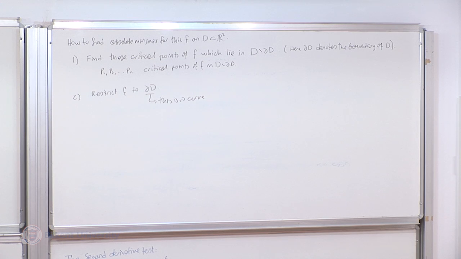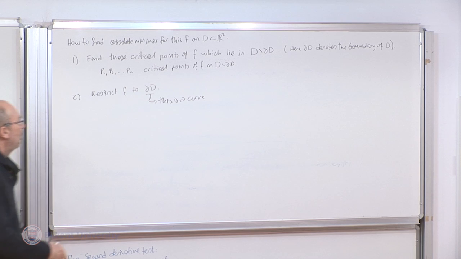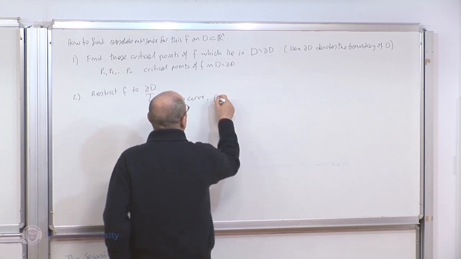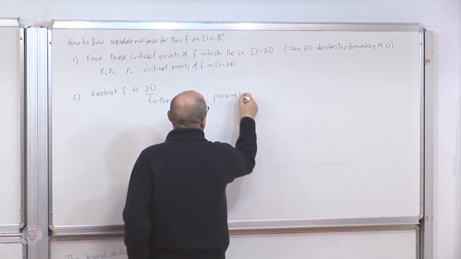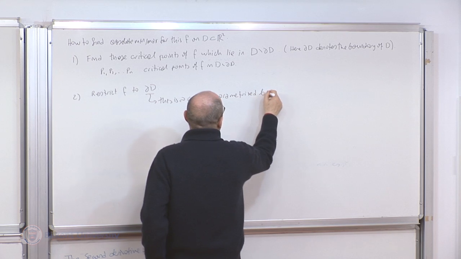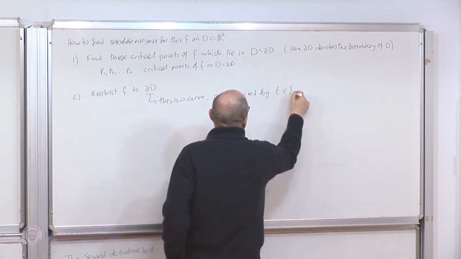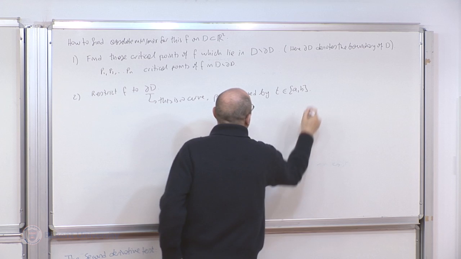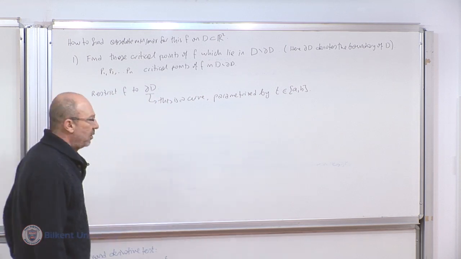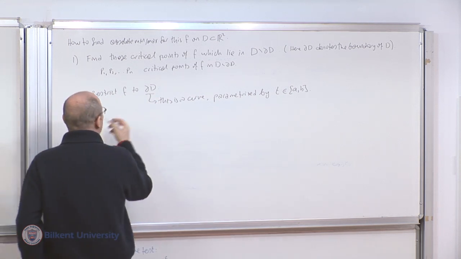If this is going to be a problem solvable by hand, you should be able to parameterize the curve easily. This is a curve parameterized by t in some closed and bounded interval.